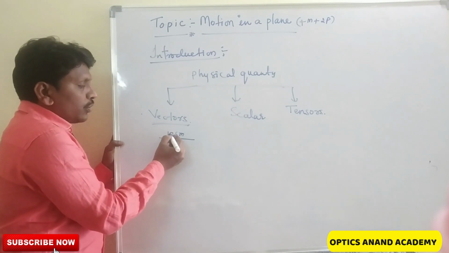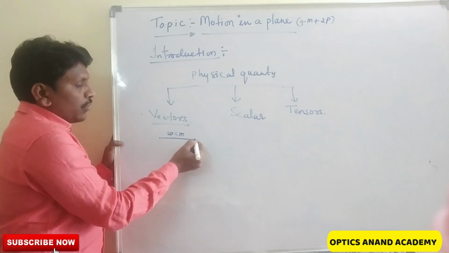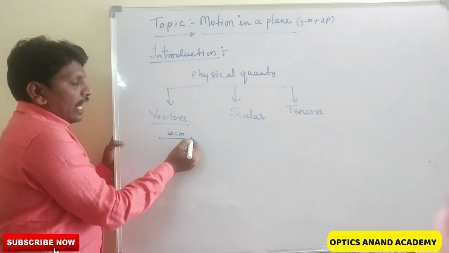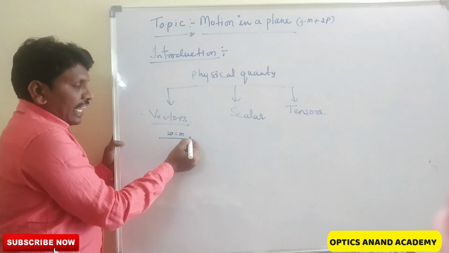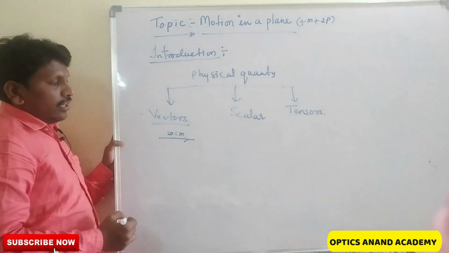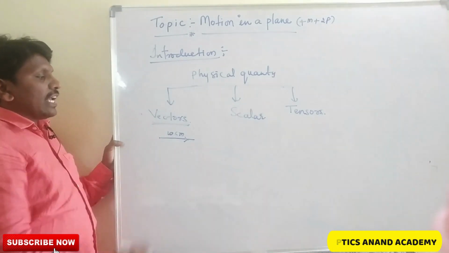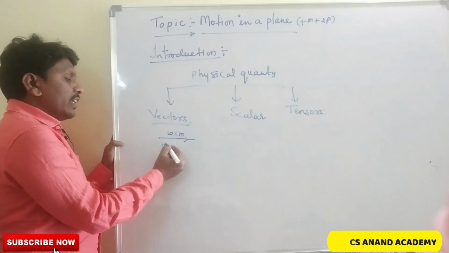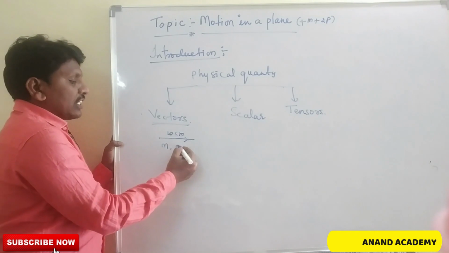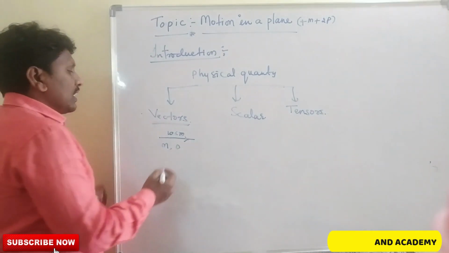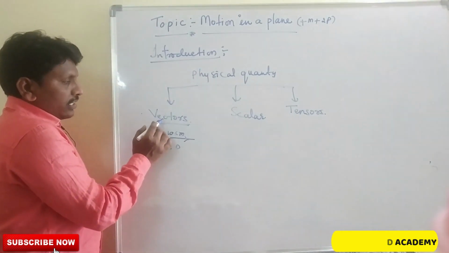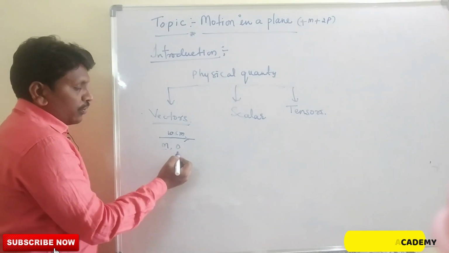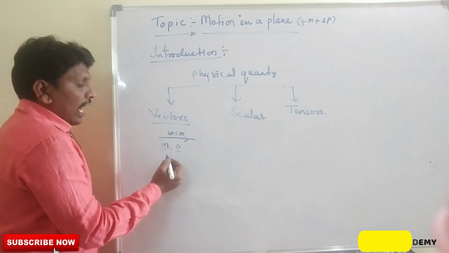From here to here is 10, that is the magnitude. And if it has some direction, then it has magnitude and direction.